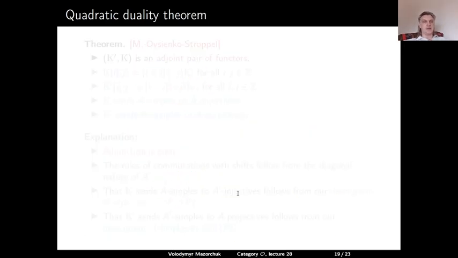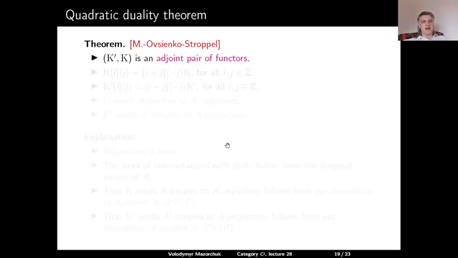And now we can formulate the quadratic duality theorem, which is due to Katerina, Sergei, and myself. The pair K prime, K is an adjoint pair of functors. So K intertwines the homological shift by i and the graded shift by j in the following way. K after homological shift by i and the graded shift by j is equal to the homological shift by i plus j, graded shift by minus j after K.